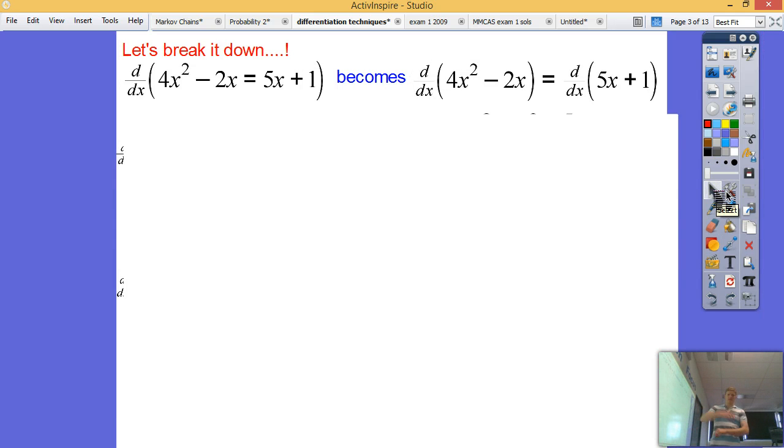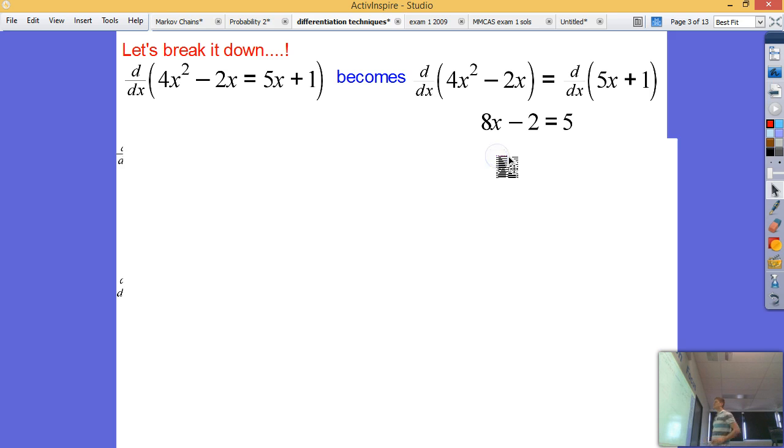So consider some equation here that has x terms on both sides. This is not an implicit equation, but we're just going to practice the idea of differentiating as an operation to both the left and the right hand side of the equation. So the derivative of the whole lot becomes the derivative of the left and the derivative of the right.